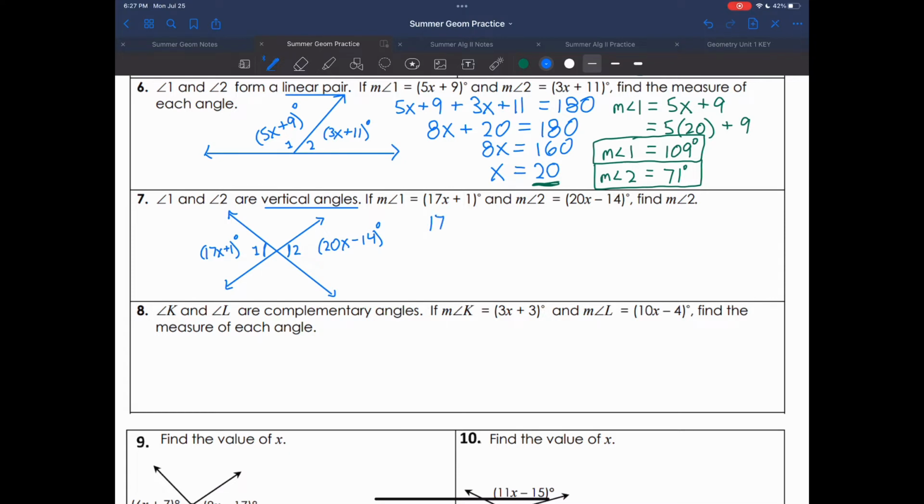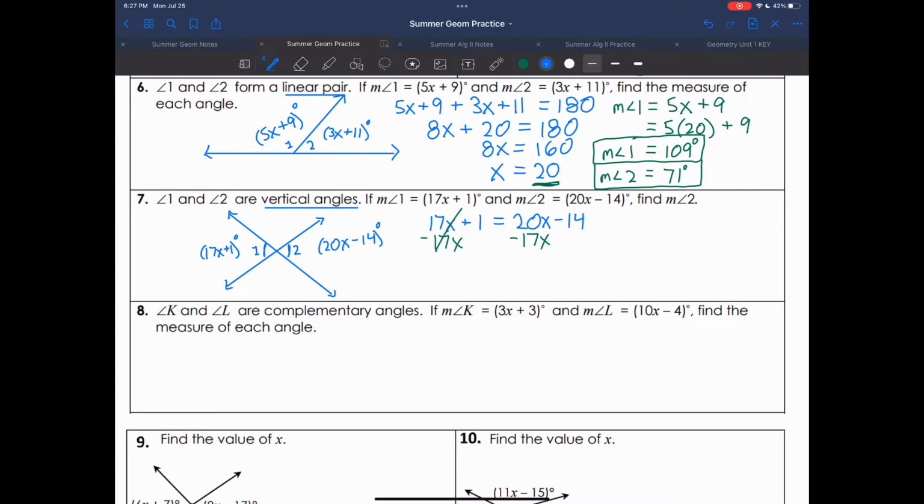I'm going to do 17x plus 1 equals 20x minus 14, and that is a perfect setup, and now we solve for x. On this one, I would probably subtract the 17x first from both sides. So minus 17x here and here.